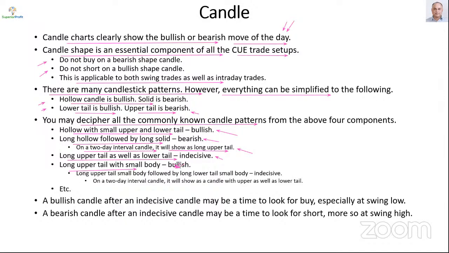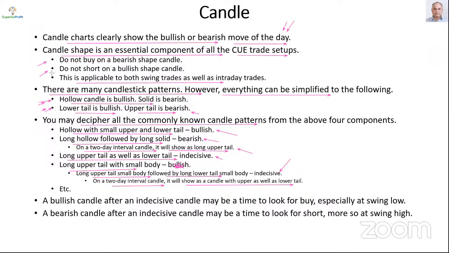Long upper tail with small body is bearish, upper tail is bearish. Now, long upper tail, small body, followed by long lower tail, small body, that is indecisive. Again, on a 2-day interval candle, it will show as a candle with upper as well as lower tail. So if we just keep these two lines in mind, we are able to read all traditional candle patterns.